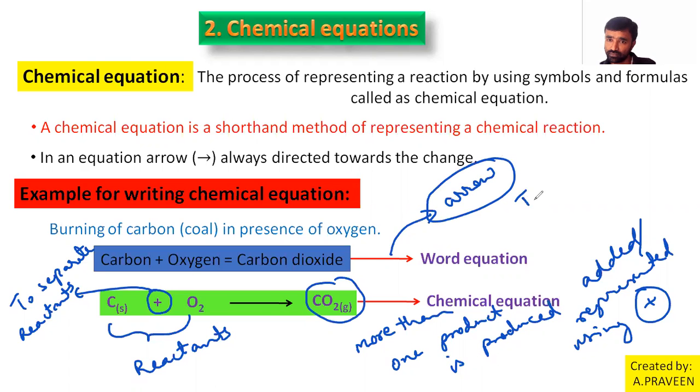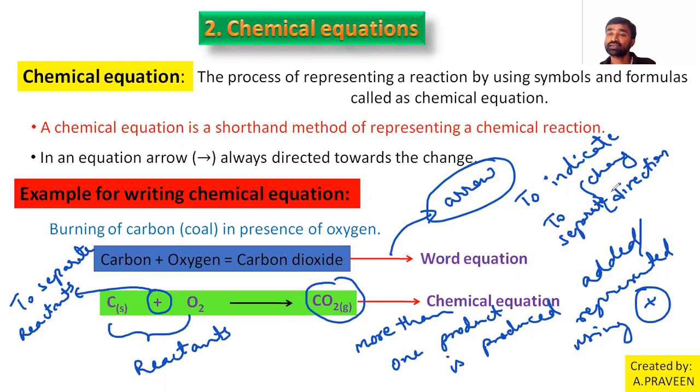The new product is formed in the reaction. So, to indicate the change. To indicate the change and its direction, and also to separate the reactants and products. Is it clear?